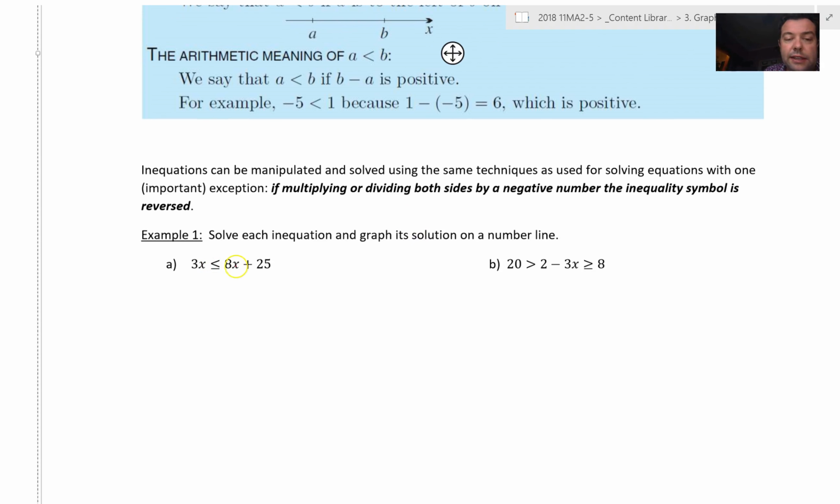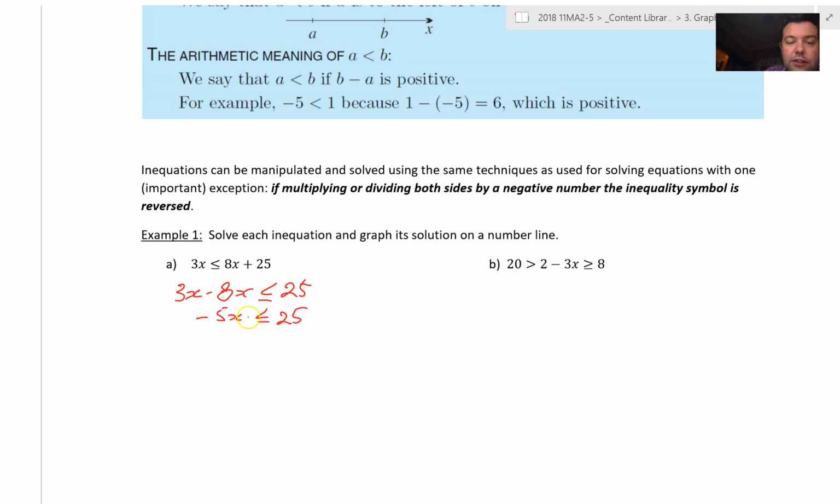So 3x is less than or equal to x plus 25. Normally what I would do here is try to get all of the variables on the left and the constants on the right. So I'm going to say that 3x minus 8x is less than or equal to 25, which would be negative 5x is less than or equal to 25.